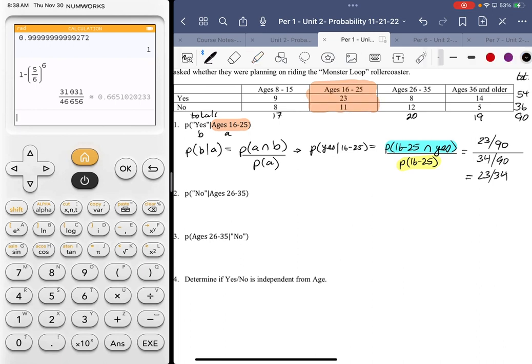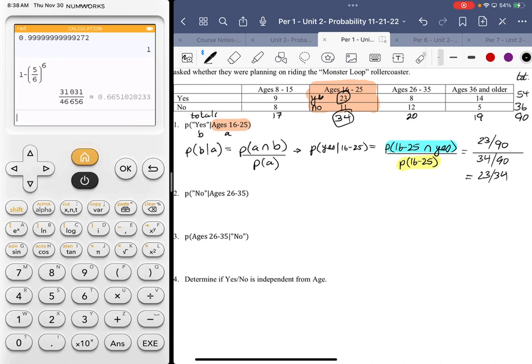The first value corresponds to the yes. The second one corresponds to the no. So if I'm looking for only in the given 16 to 25 interval, the probability of yes, I would just have to figure out the number of yeses and the total for that restricted interval. And then that would be it.